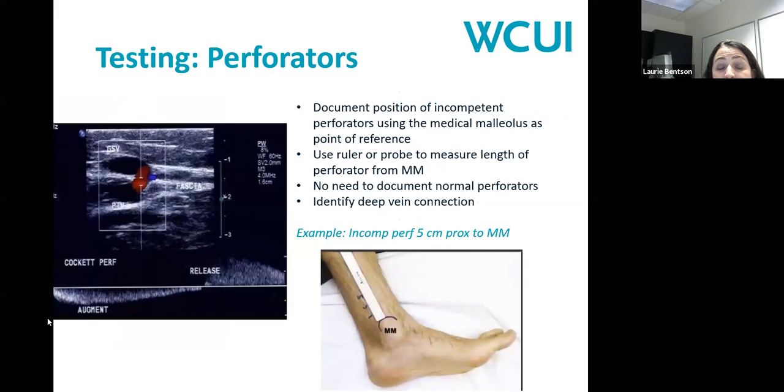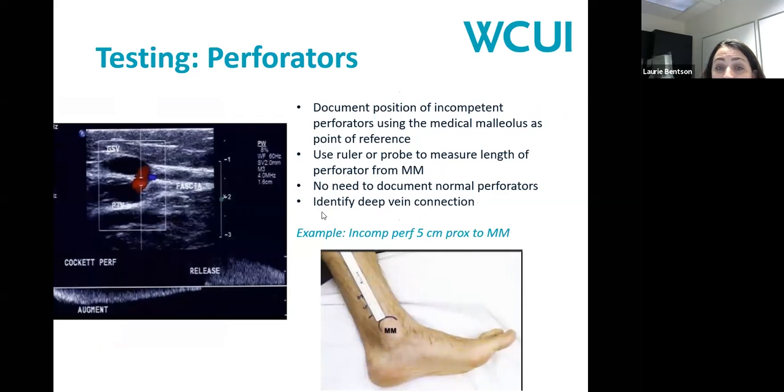And then depending on what the test is for, if it's for treatment or if it's a wound care patient that you're following for venous insufficiency and ulcers, you might actually need to map out the location of the perforator so that they can be treated. And usually the medial malleolus is our reference point to map those perforators.